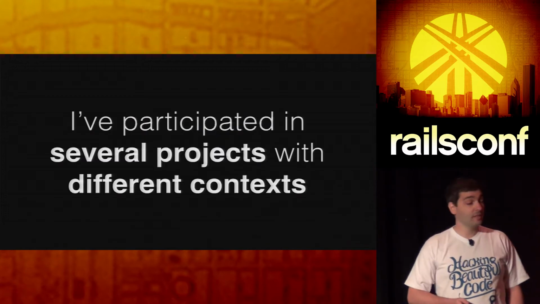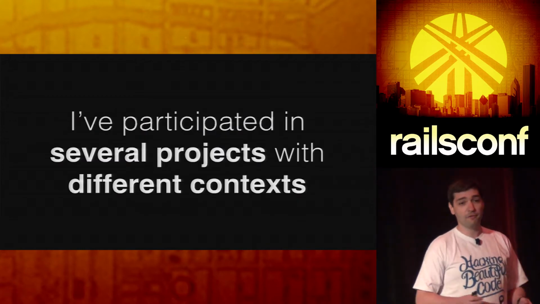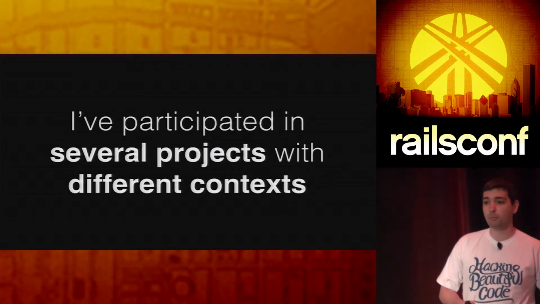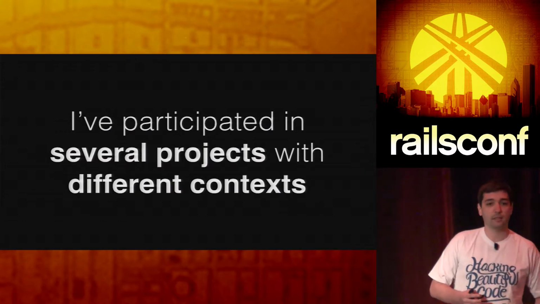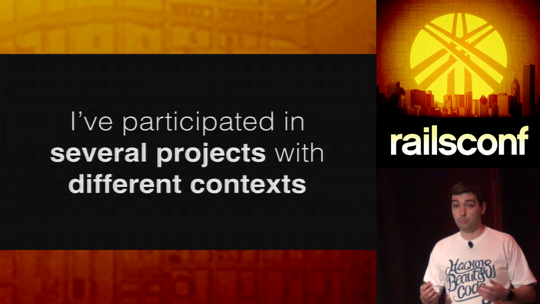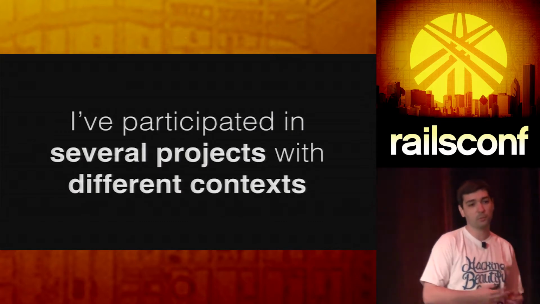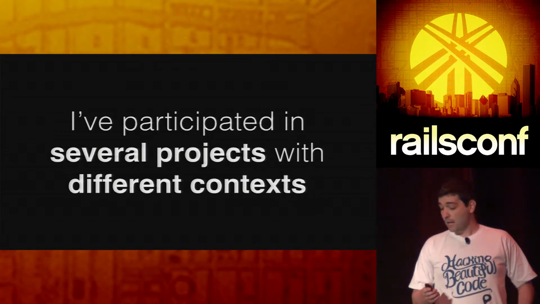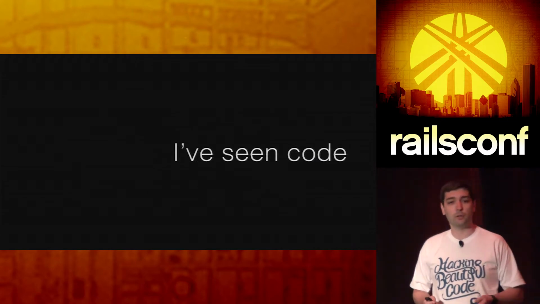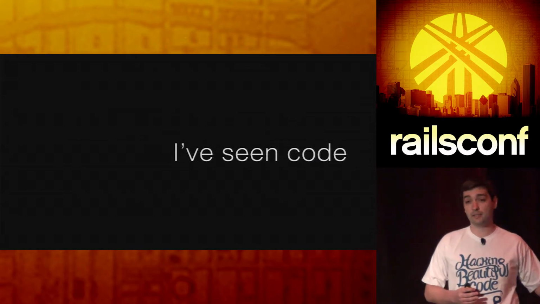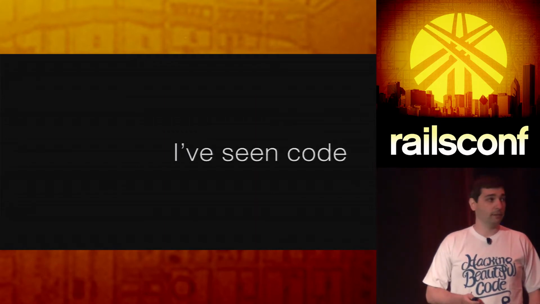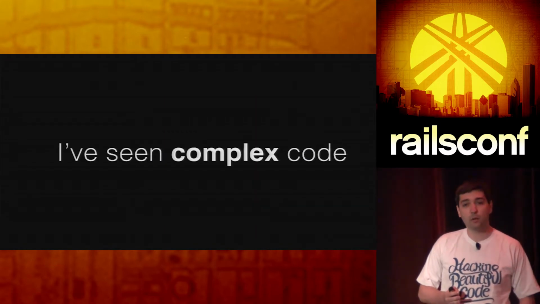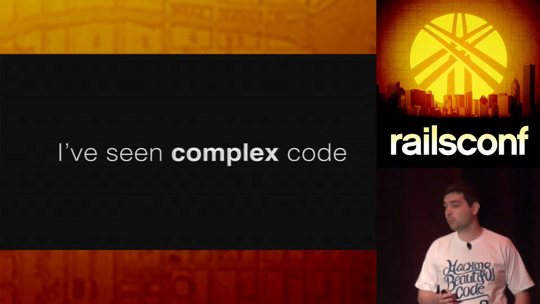During these years, I've participated in a lot of different projects, in a lot of different contexts, right? From small projects to big ones, from small teams to big ones. And I've seen a lot of different code throughout these years working on Rails, and a lot of complex code in all of these projects.